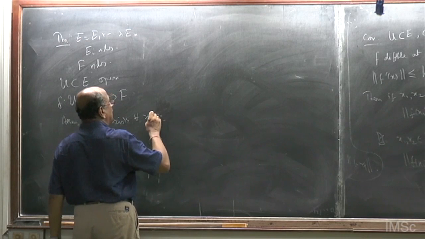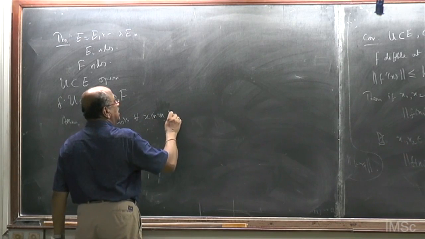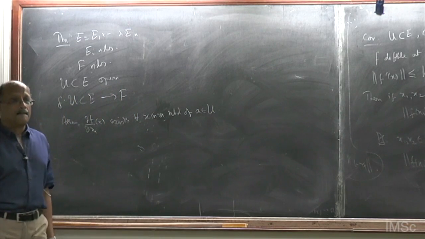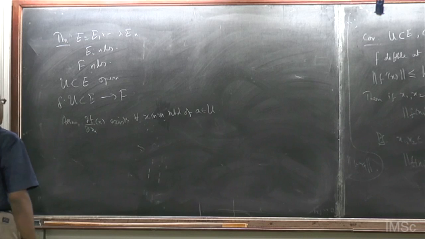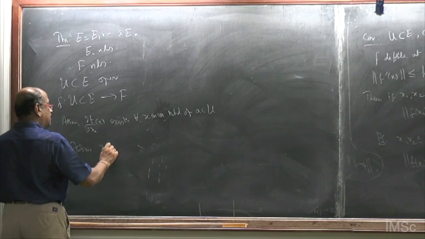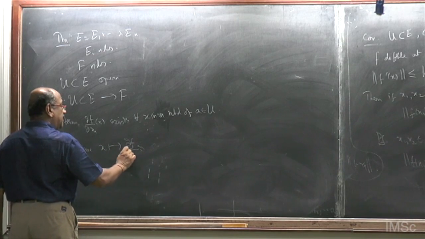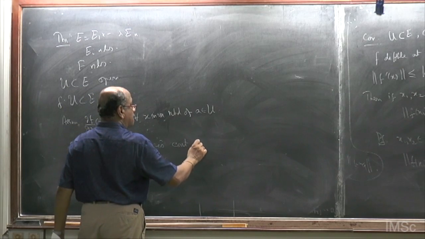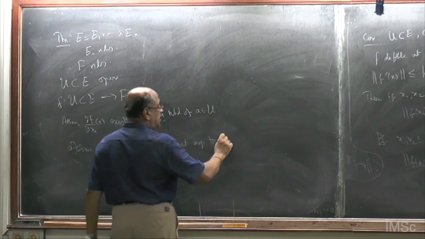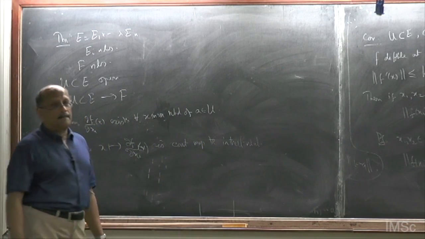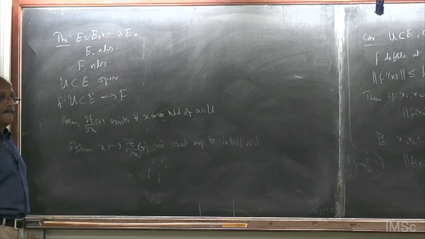So, for all x in a neighborhood of A in U. And assume finally x going to df by dxi of x is a continuous map for all i in that neighborhood. Okay, so this is the extra condition.